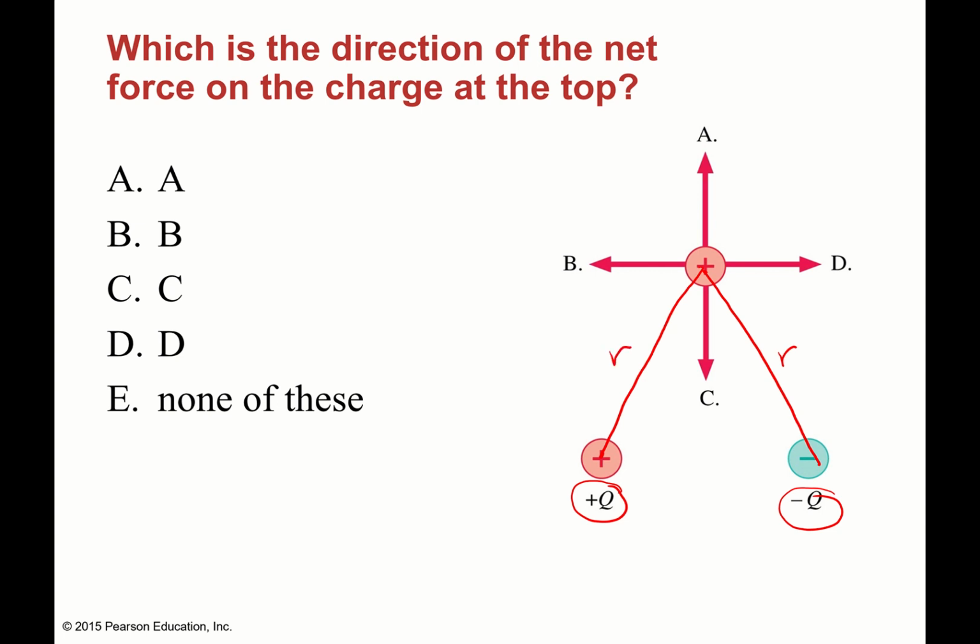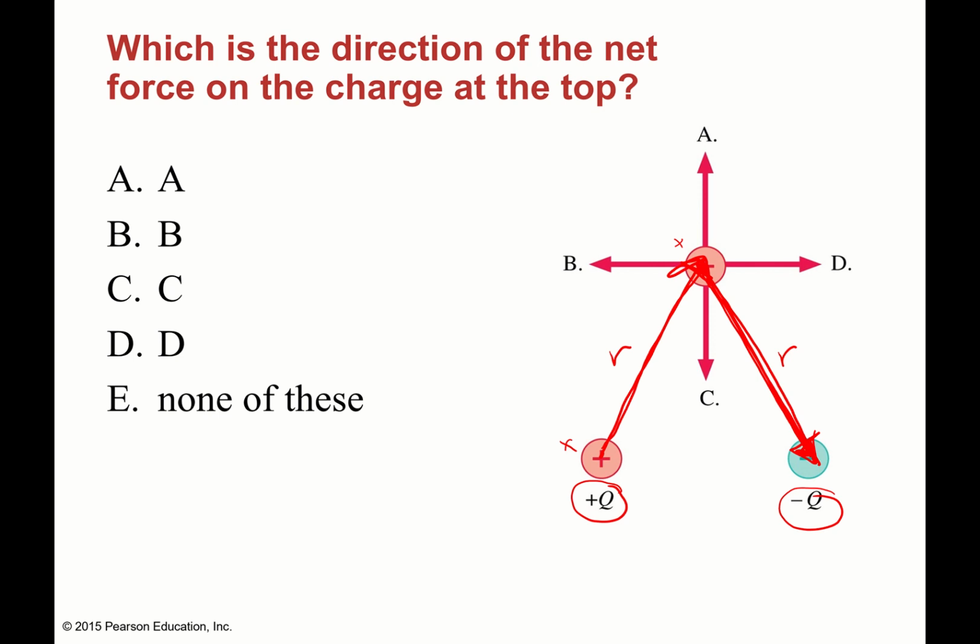What about the directions? Well, between the positive charge and the positive charge, that's going to be repulsive. So that force up at the top is going to get repelled away from the positive charge at the bottom, and it's going to get attracted down towards the negative charge at the bottom. So I've got two equal forces, one that goes up and to the left, and one that goes down and to the left.